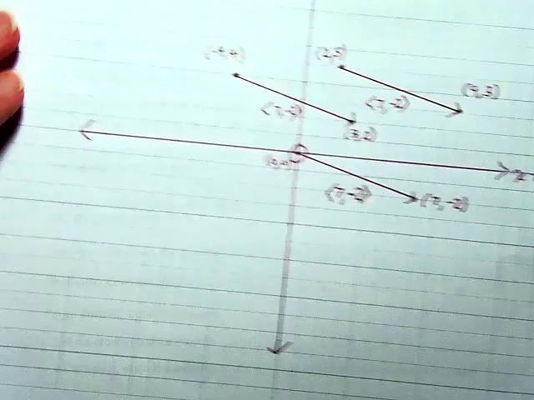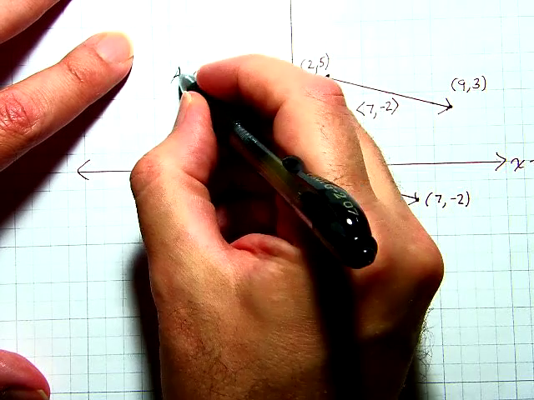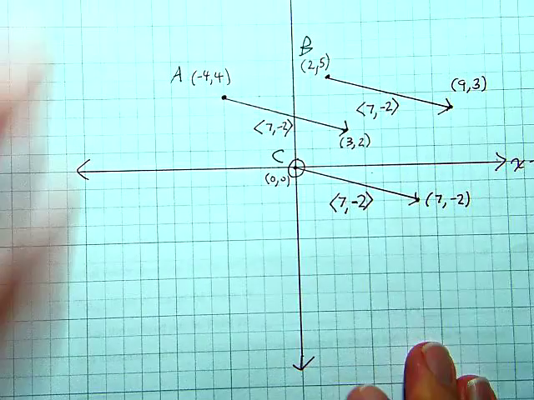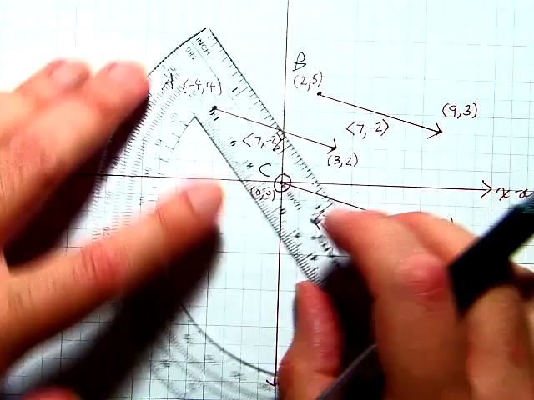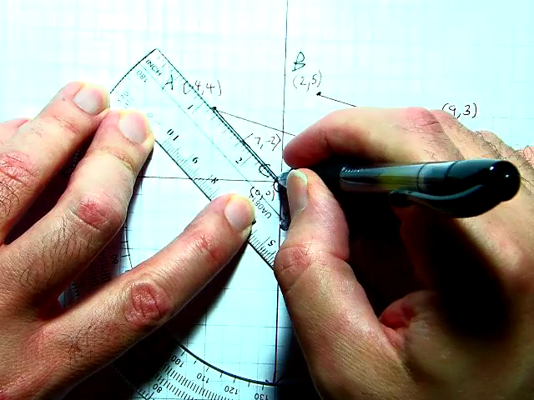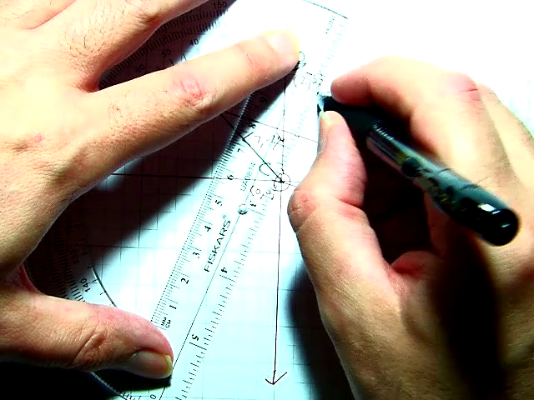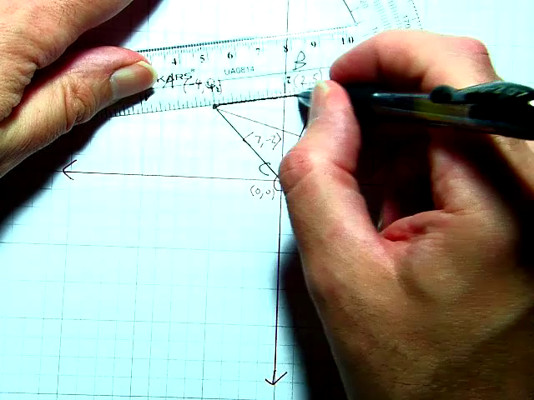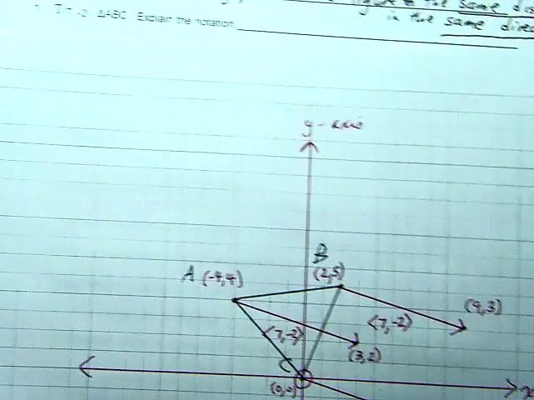Let's go back to our graph over here, and let's say that we call this point A, we call this point B, and we call this origin point C. So now we've actually got ourselves a triangle ABC. Okay, there's our triangle ABC.